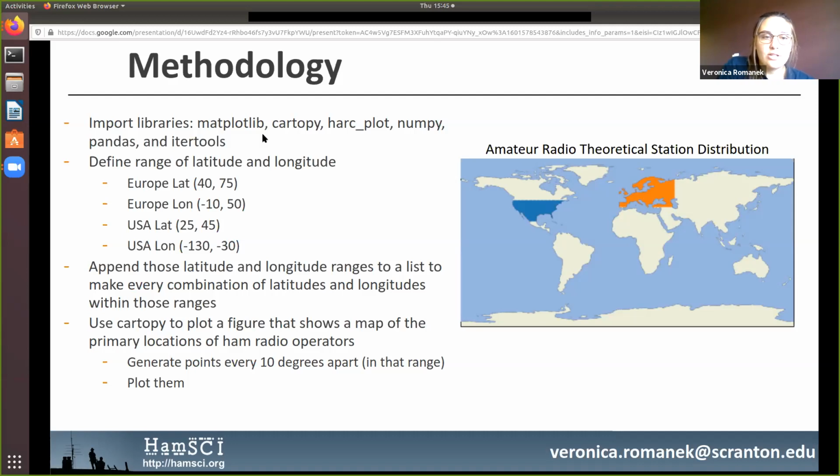I defined a range of latitudes and longitudes that I would be generating the points in. So for Europe, I set those boundaries at 40 to 75 degrees latitude and -10 to 50 degrees longitude. And for the United States, I set the boundaries at 25 to 45 degrees latitude and -130 to -30 degrees longitude.